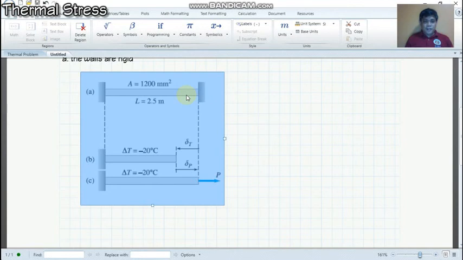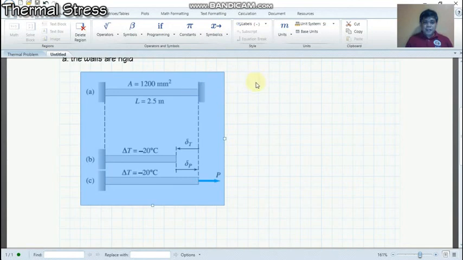In other words, its length would be reduced. So the length would be smaller than 2.5 meters. But since it cannot undergo contraction because it is secured onto these rigid walls, it will have a stress, a tensile stress to be specific.